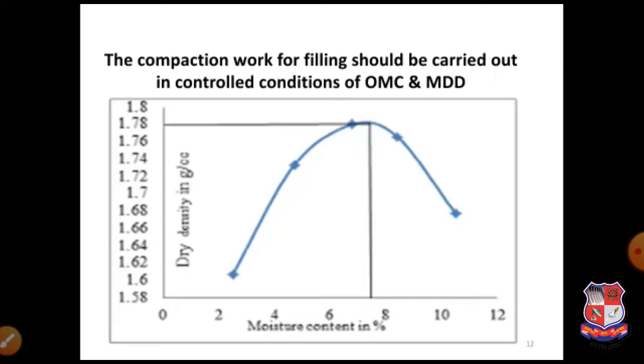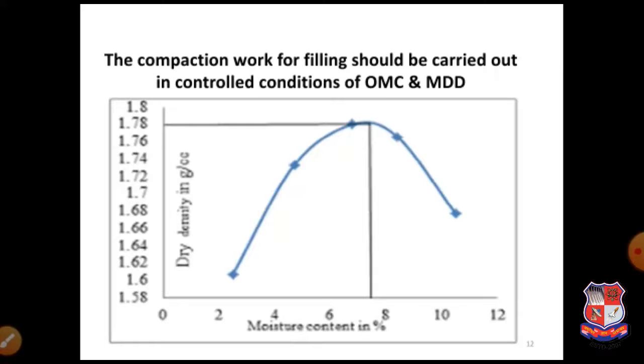This graph shows that a dry density of 1.78 gram per cubic centimeter is the maximum, which occurs at a moisture content between 7 to 8%.